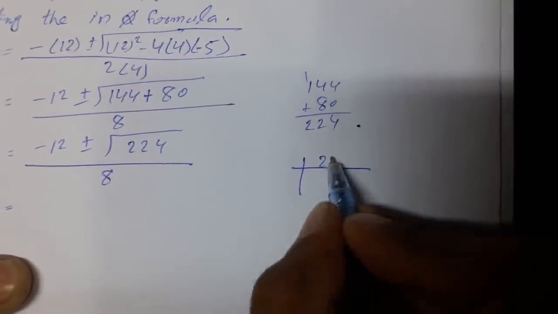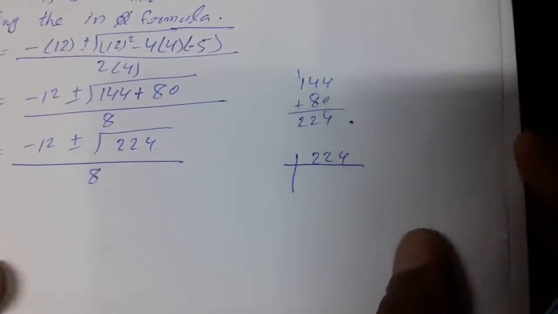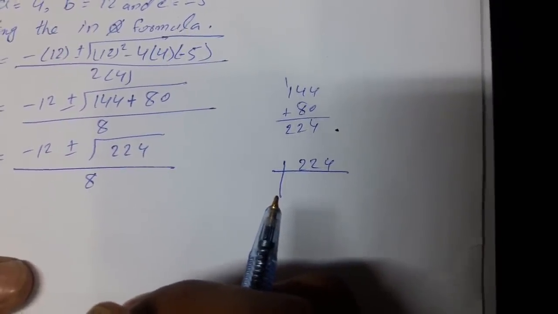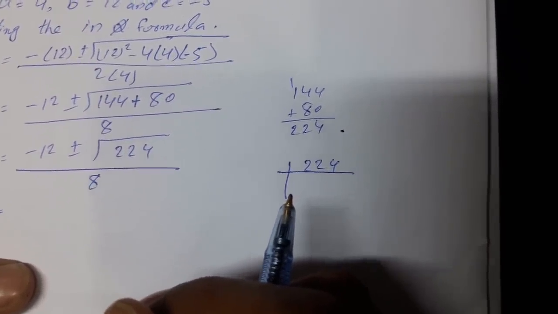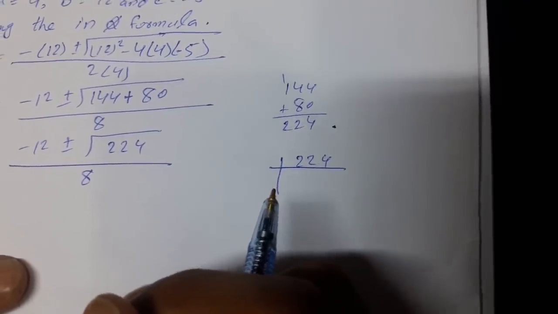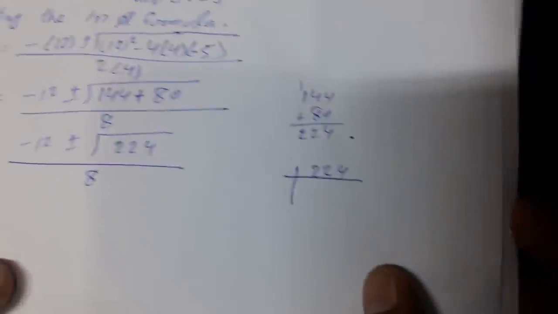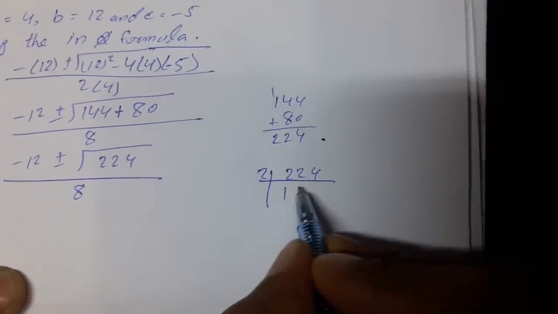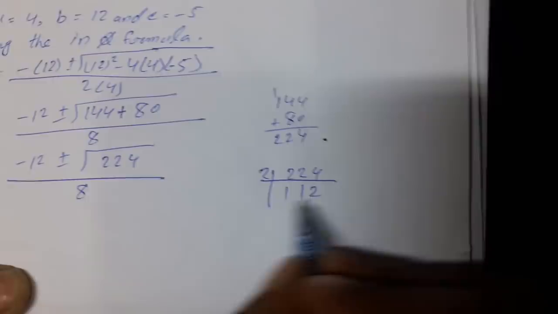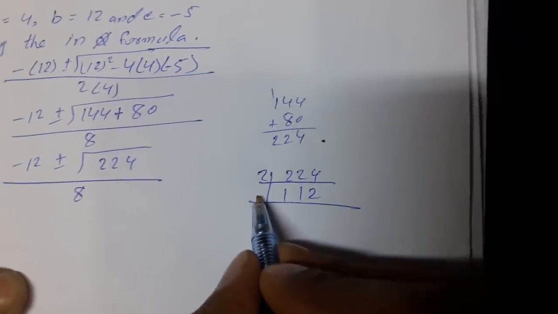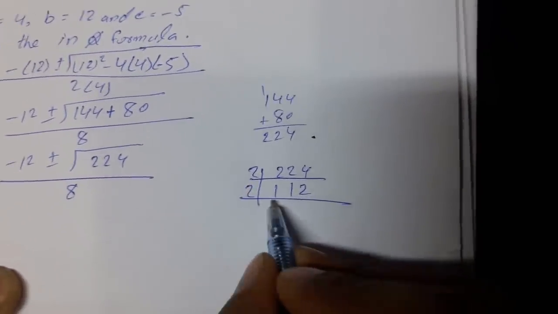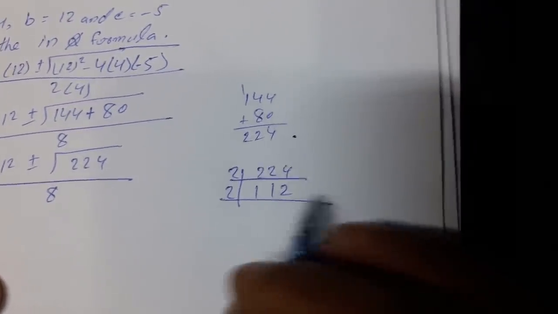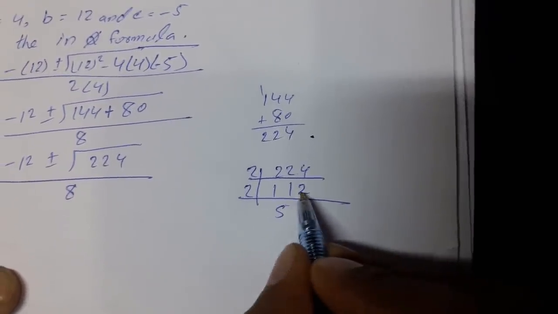Here 224. I told you the last number if 0, 2, 4, 6 and 8, it is divisible by 2. So first we will divide it by 2. Again we divide it by 2. We cannot divide 1 by 2, so we will divide 11 by 2. It will come 5 and the 1 will be carried.